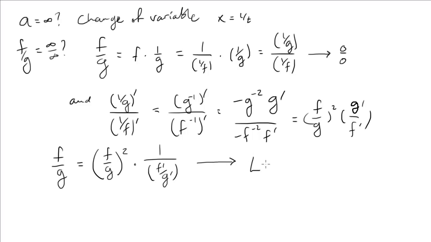So in the limit, that's some number. That's the same number squared, and it's 1 over our f prime over g prime. Well, immediately then, the limit of f prime over g prime has to be L, which is the limit of f over g.